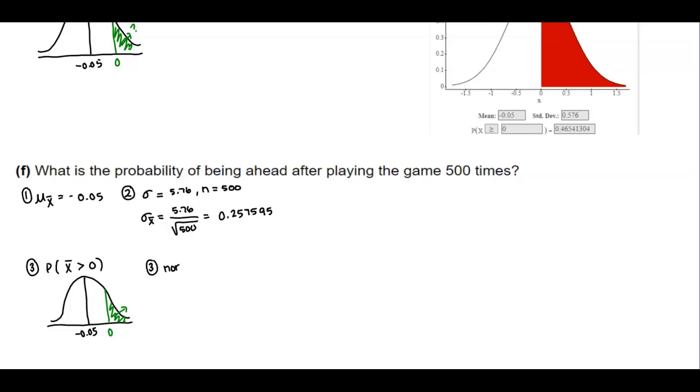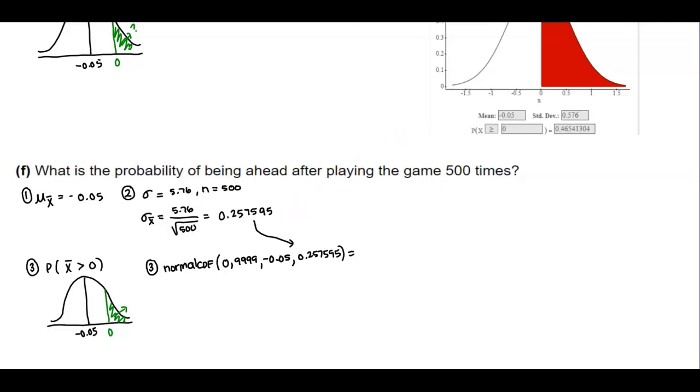So we have normal CDF. We know that our lower bound is 0, our upper bound is 9999. We know that our mean is negative 0.05, and we know that our standard deviation is now 0.257595.